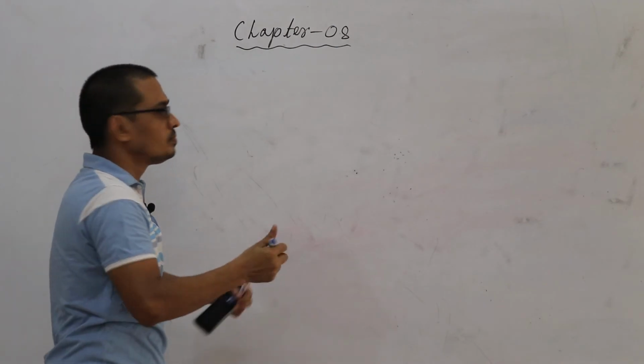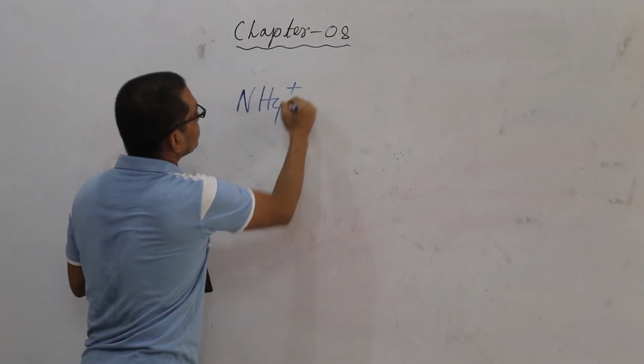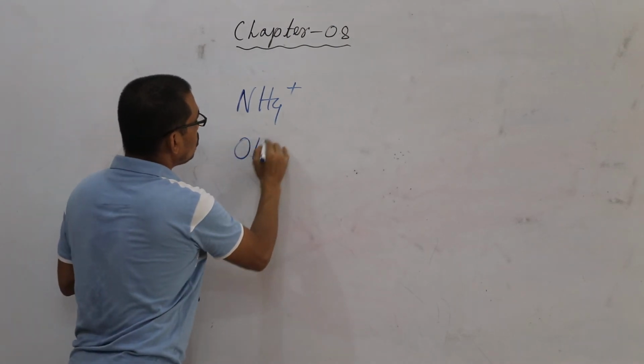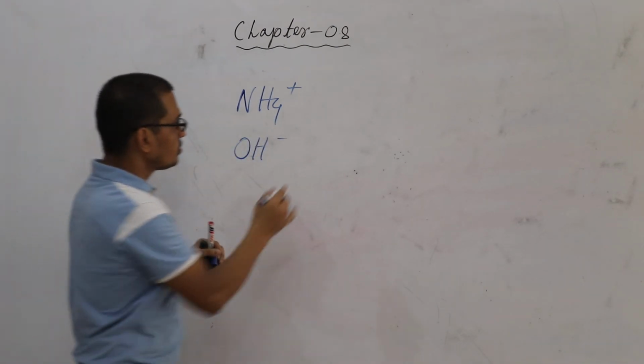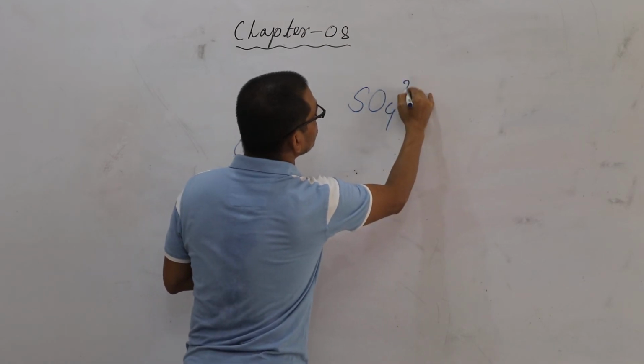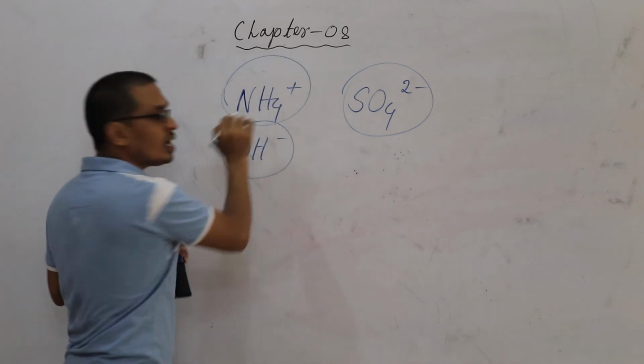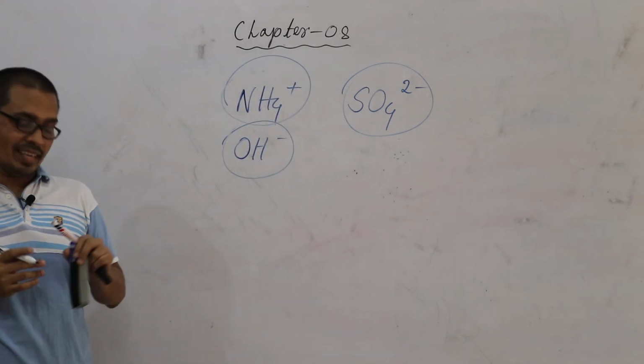You will get NH4, OH, SO4. These are known as radicals or free radicals.